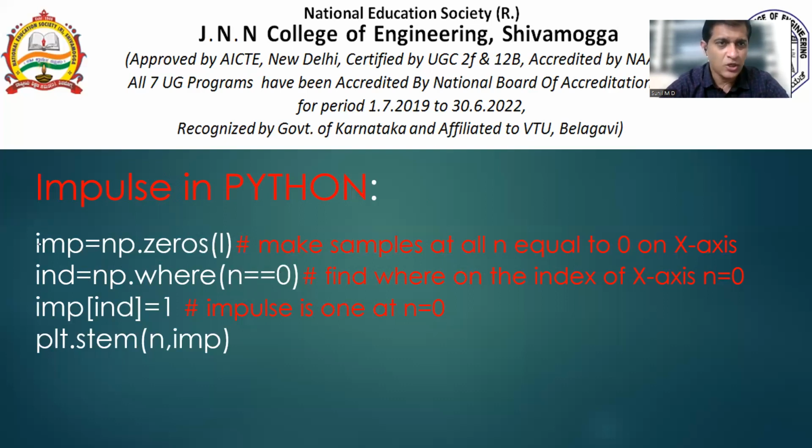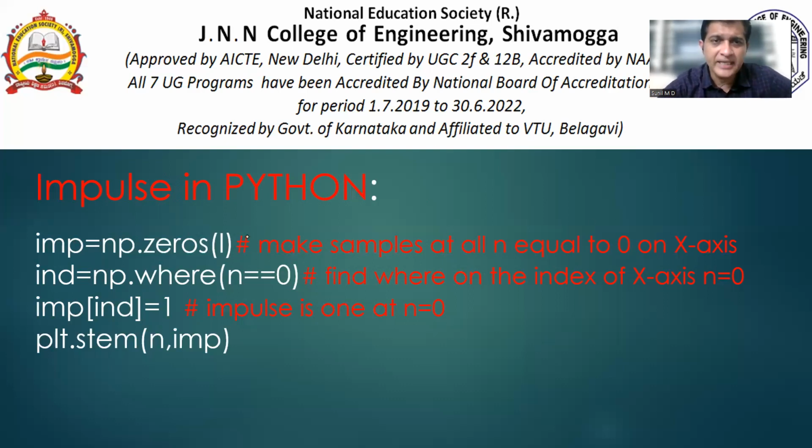Fine. First, all the points ranging from minus 10 to 20 are made zeros. Then we are taking an index where n is 0. And in that index, impulse of index means the impulse where the index is 0. That needs to be made 1. That is what it is saying. So just read these comments, you will understand.